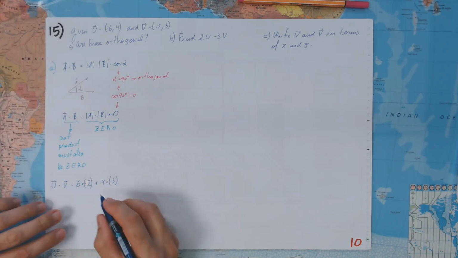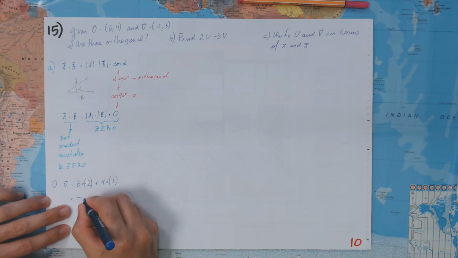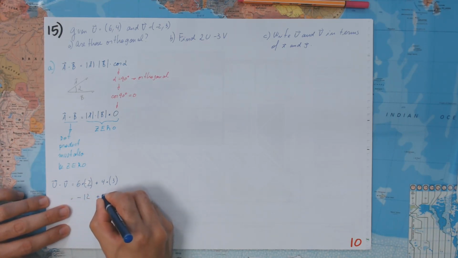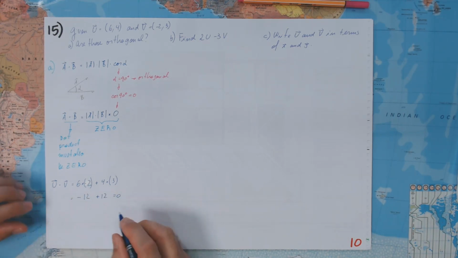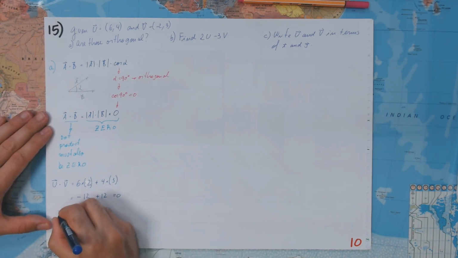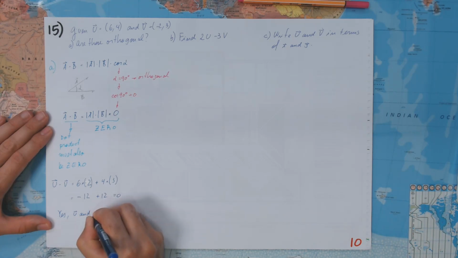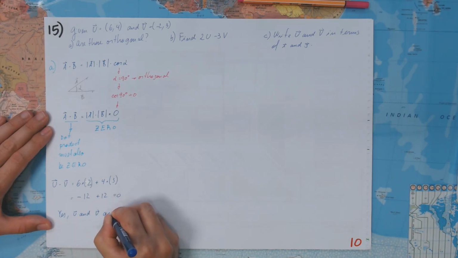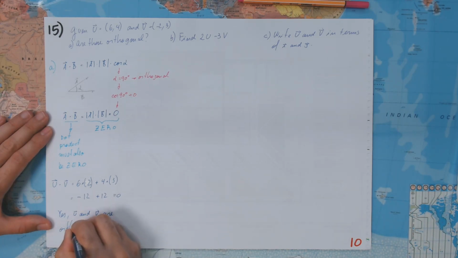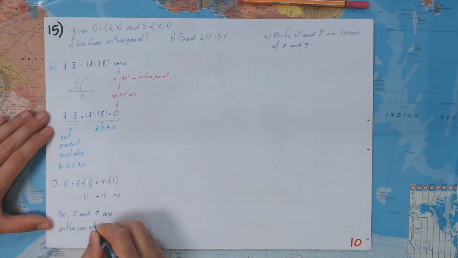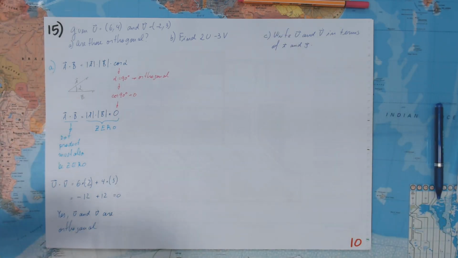This is going to be minus 12 plus 12 equals 0. So the answer is yes, U and V are orthogonal. So this is going to be the first answer.